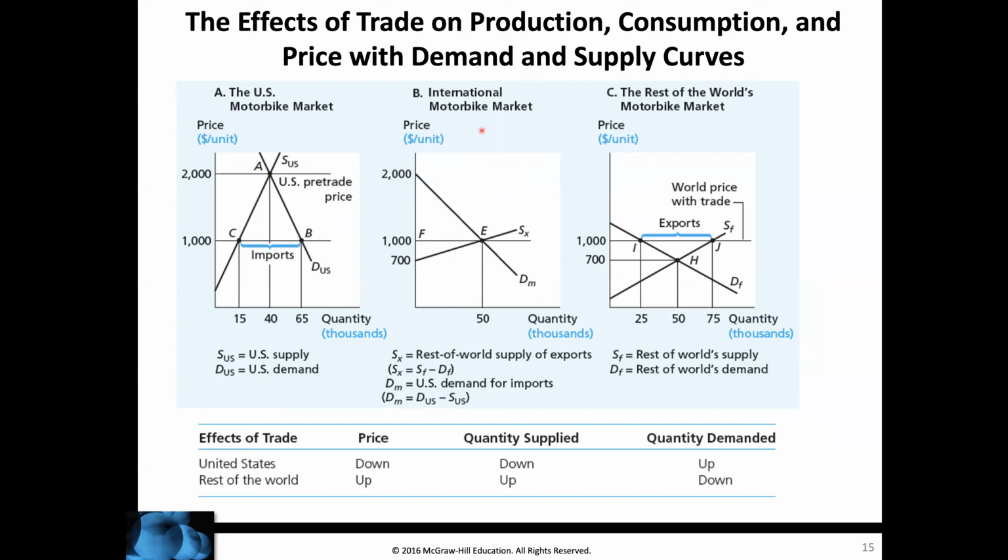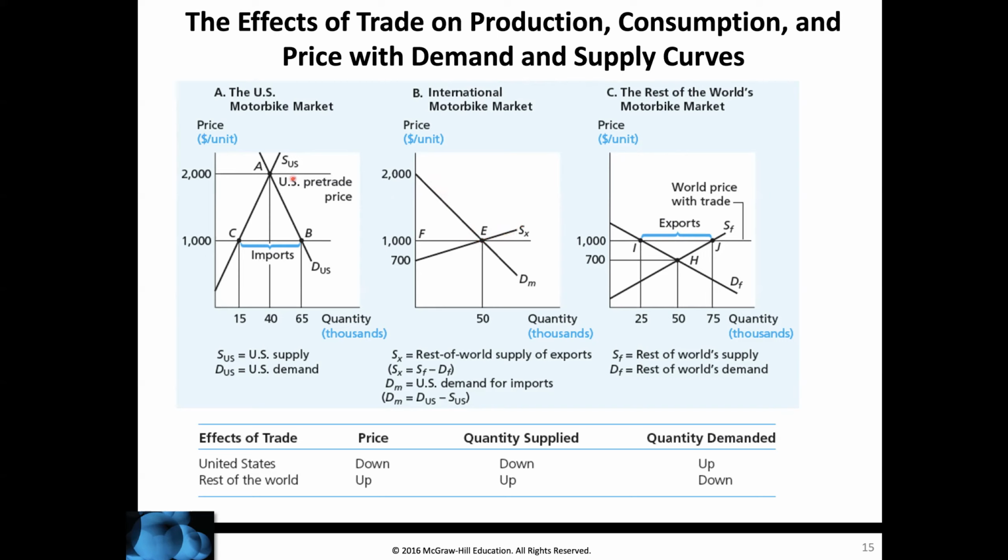Here is our international motorbike market, which will lead us to a new world price, which gives us a new equilibrium. So here is the quantity demanded for imports, and here is the rest of the world's supply of exports. And where they meet is the new equilibrium. So it's a price of 1,000.